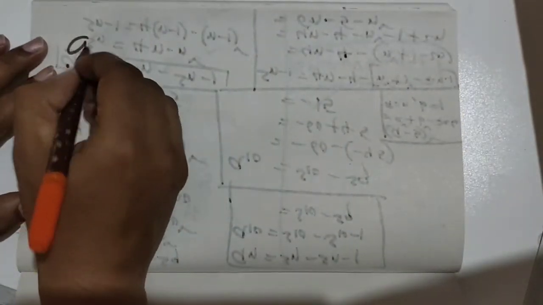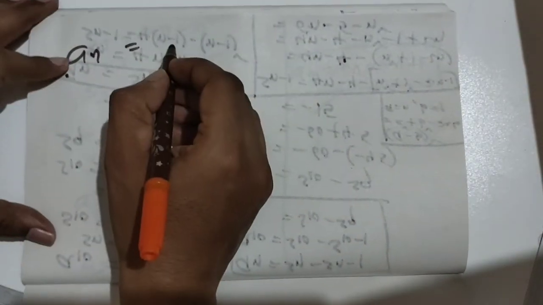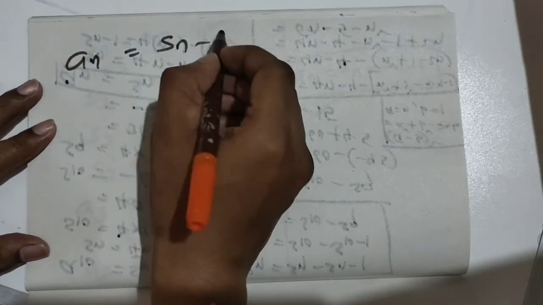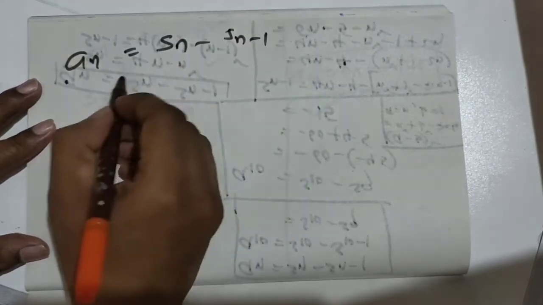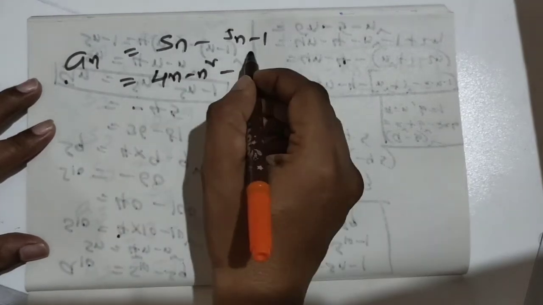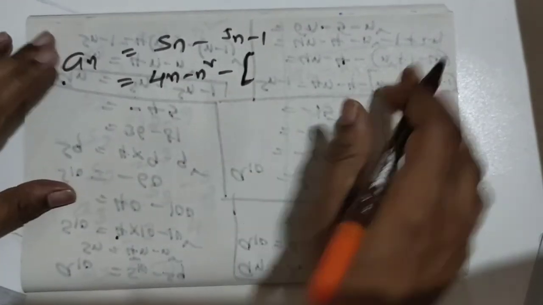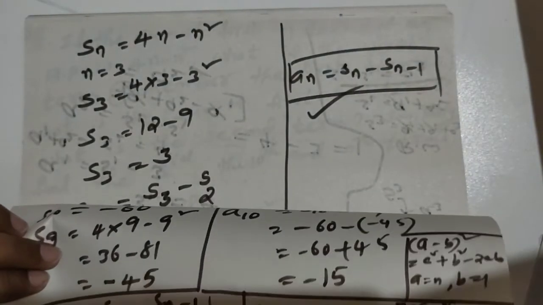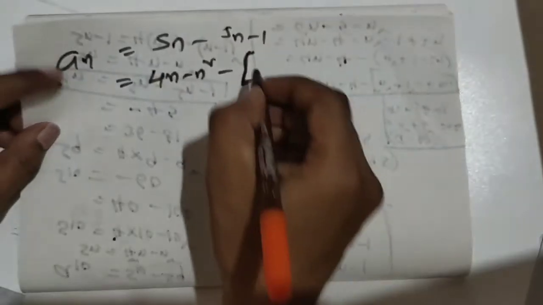Okay children, see the pattern simply. An is equal to Sn minus Sn minus 1. What is Sn here? 4n minus n square, minus of what is Sn minus 1? 6n minus 5 minus n square.